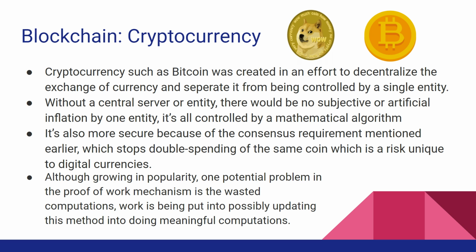But that work is by design just meant to waste time and computational resources to make it really impractical to overthrow the peer-to-peer system. At the moment, it's not being put towards any meaningful computations. It's mostly just wasted, just meant to discourage attacks.